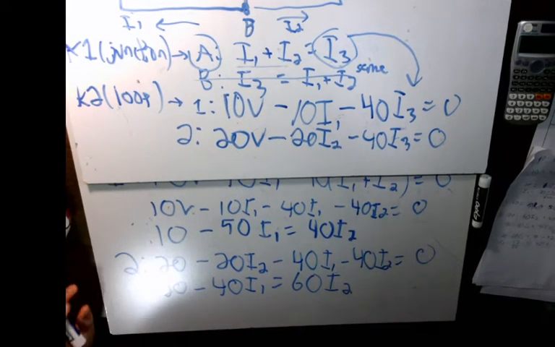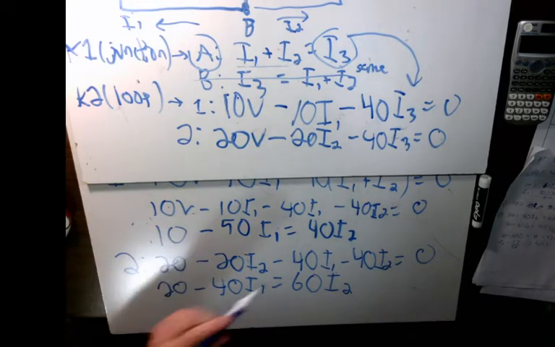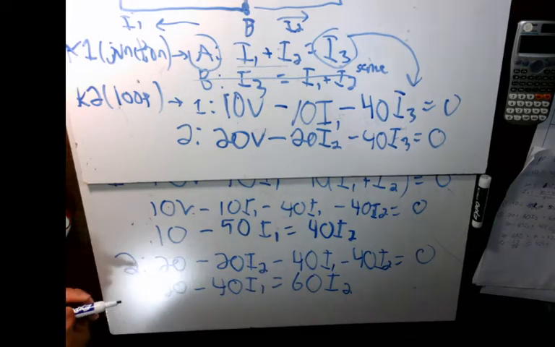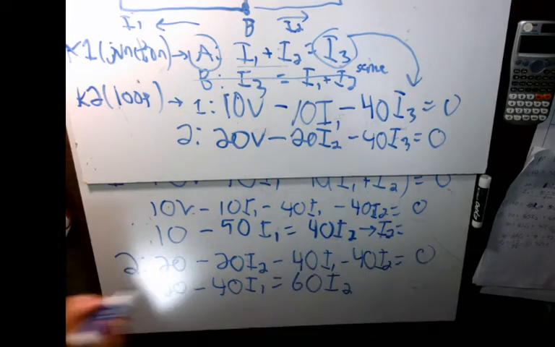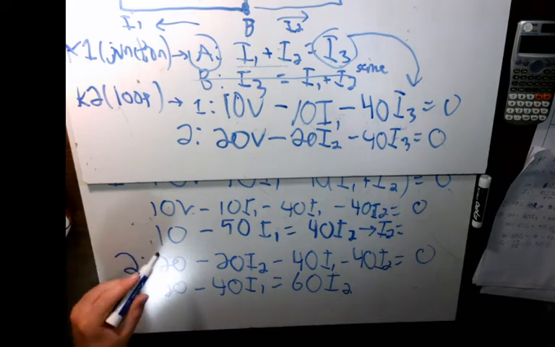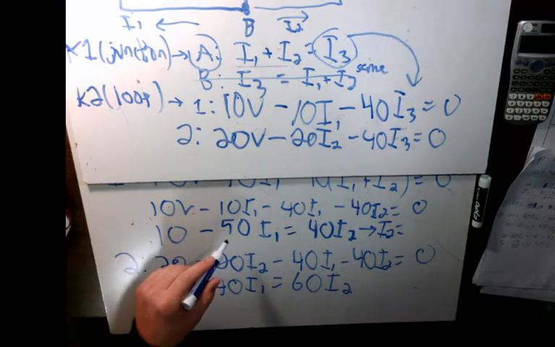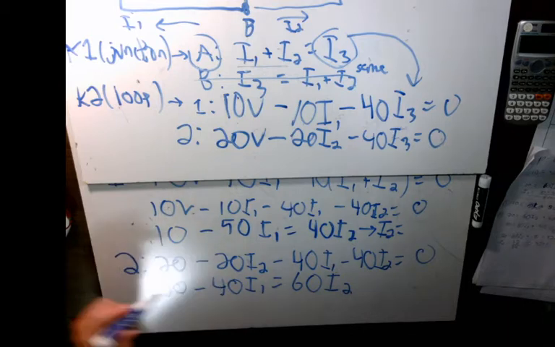All right, now I can solve for I2 in either one of those. So from here, I2 is equal to 10 minus 50I1 over 40.